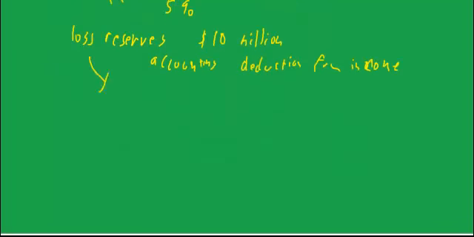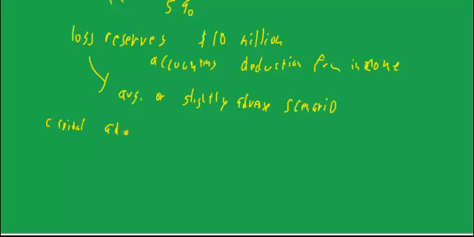So with loss reserves, you would use an average or slightly adverse scenario. But you don't do a worst case scenario. With capital adequacy, you're really trying to do a worst case scenario.